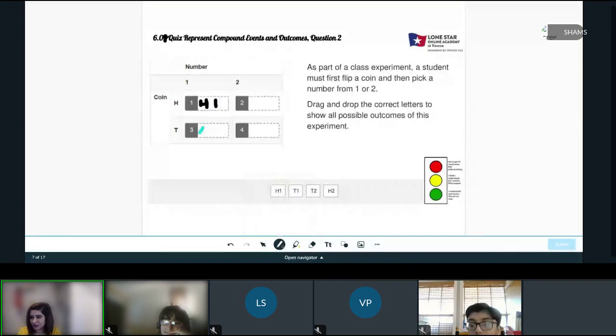If you go to box 3, you see tails. But the number is still 1. Heads 1, tails 1. First column. Second column, still heads, but now the number is going to be 2. Here, it's going to be tails. You see, line up. It's tails, but the number is going to be 2. Tails 2. This is how you do this one.